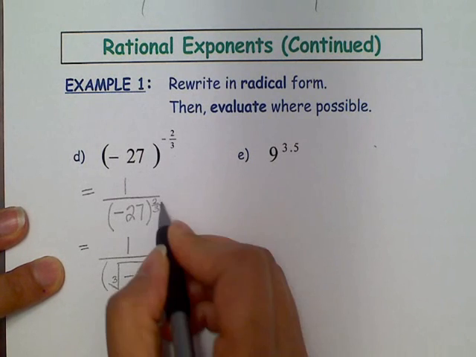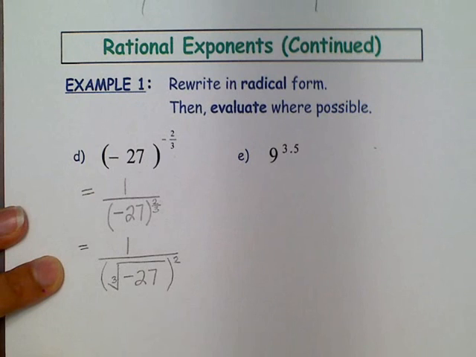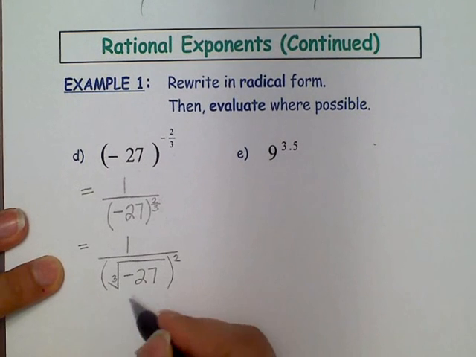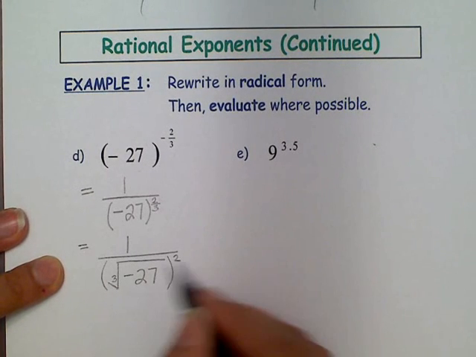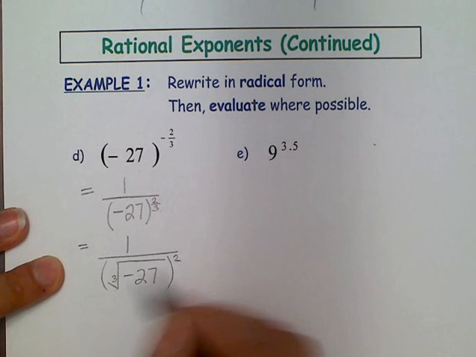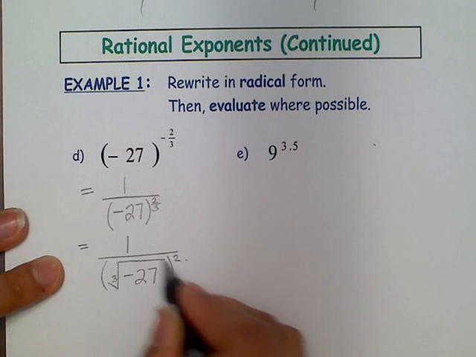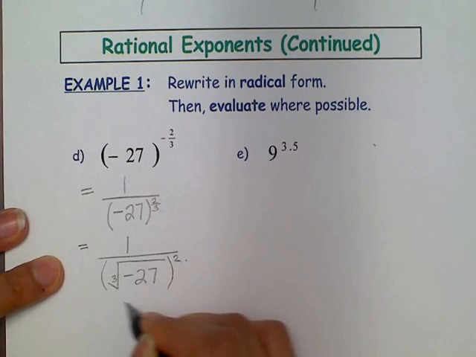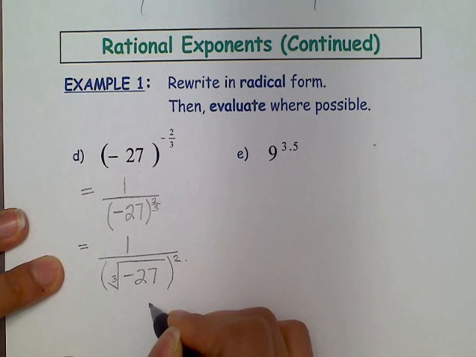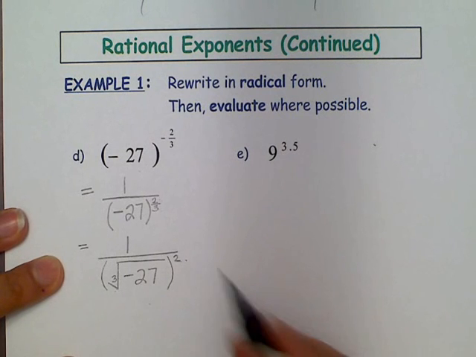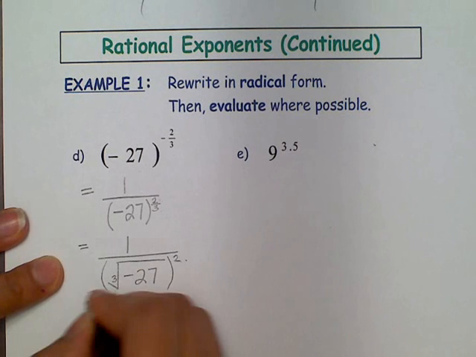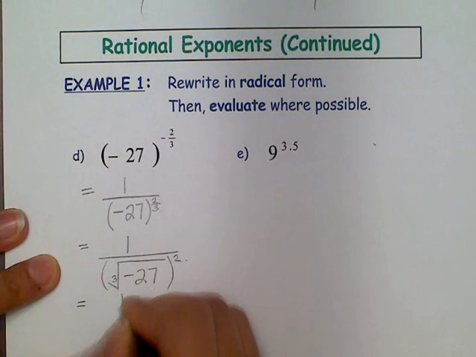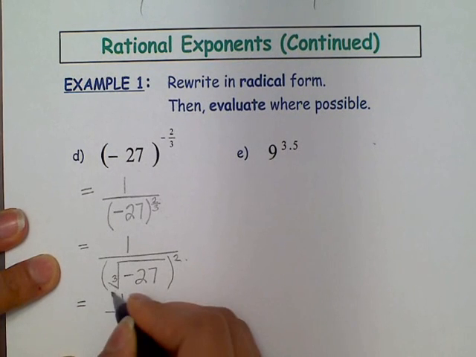So the root is 3, so that's going to go in here, and the growth is 2, so that's going to go up top. Okay, the reason why I did the root part first and then the growth part after is because this is something I can actually evaluate without a calculator, whereas if I did negative 27 to the exponent 2, I would probably need to use my calculator. So this just makes it a little bit easier to work with.